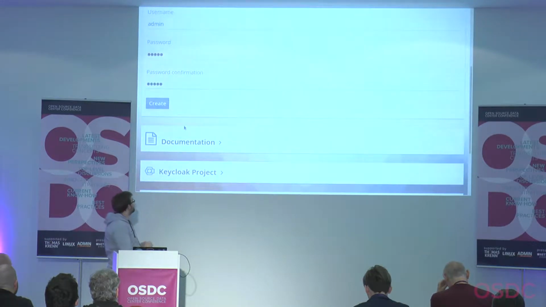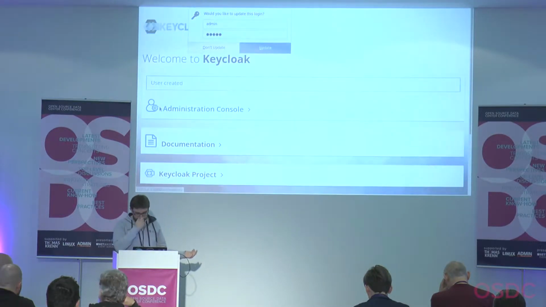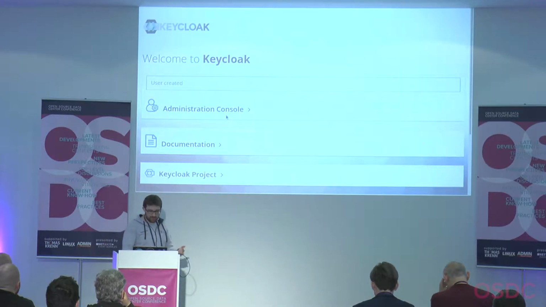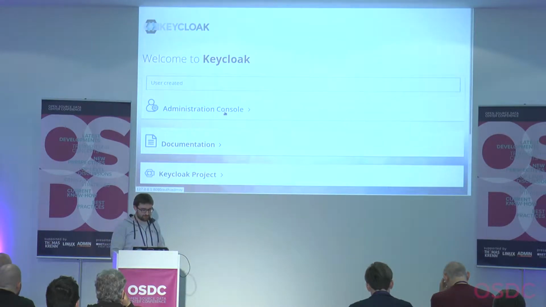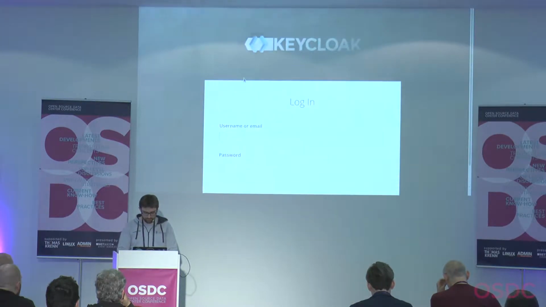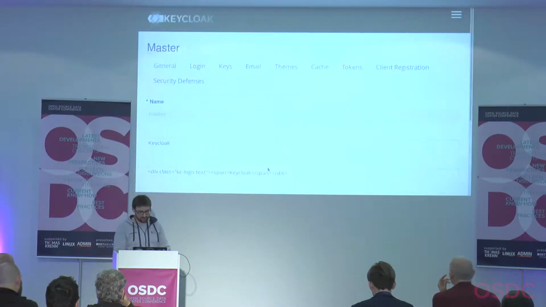But basically, you can also do all of that with the command line, it's just easier to show you that now. So now I can access the administration console because my admin user is created, so I need to log in. This is the login form of Keycloak by default. So if I put admin, now I am logged in to the Keycloak interface.